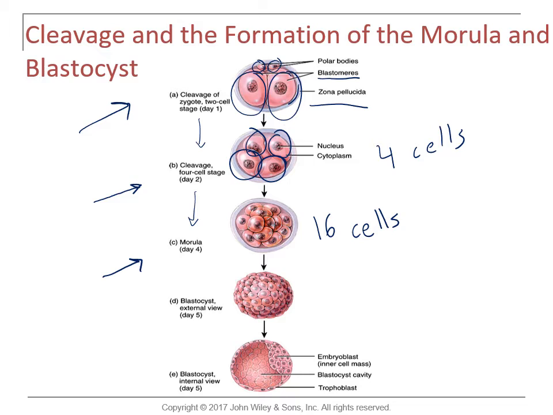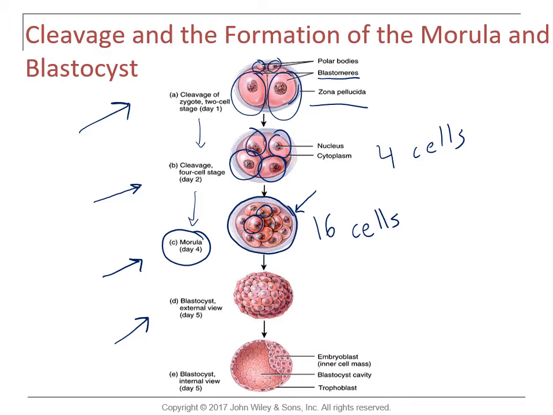The successive cleavages eventually produce a solid sphere of cells called the morula. The morula is still surrounded by the zona pellucida, and is about the same size as the original zygote.